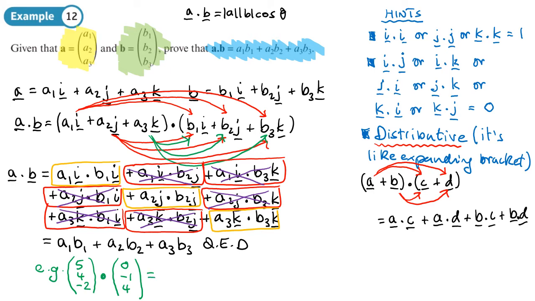Well, that means all I do is 5 times 0 plus 4 times negative 1 plus negative 2 times 4. And that's all we need to do.